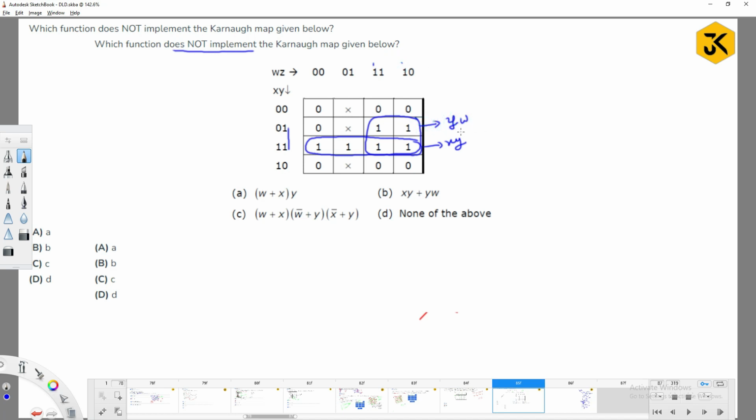If you take xy plus yw, this is going to be generated, but they are asking for which is not implemented, right? If you take out the common factor y, you get y(x plus w), which is the same as (w plus x) into y. So this is also going to be generated, right? Now try to check the case for option c.